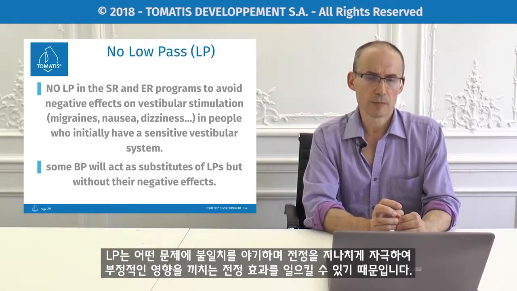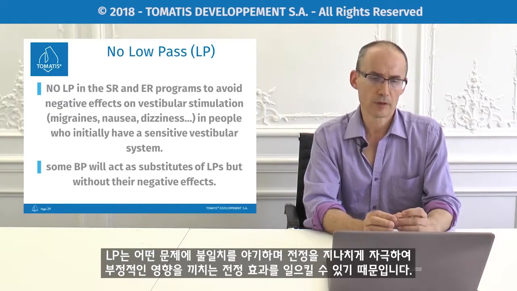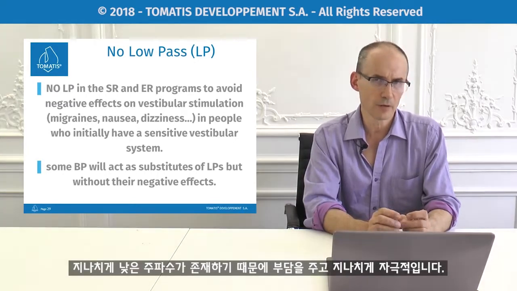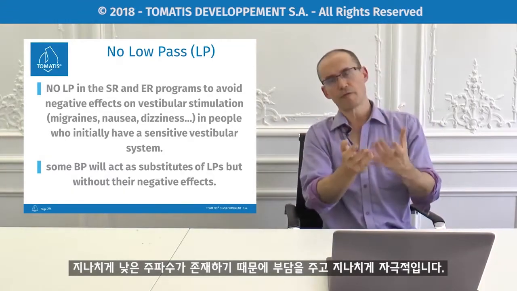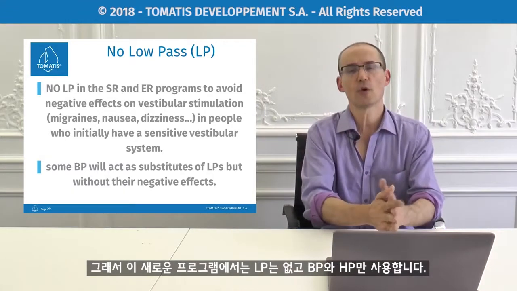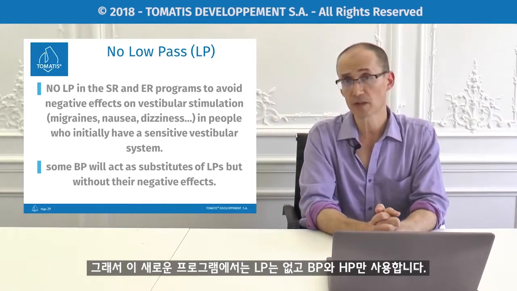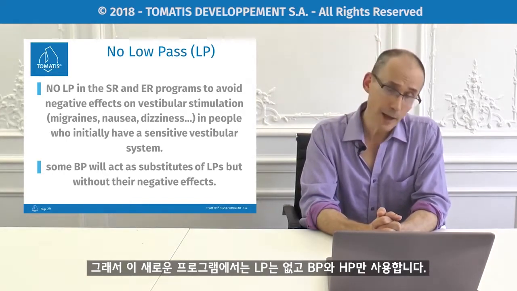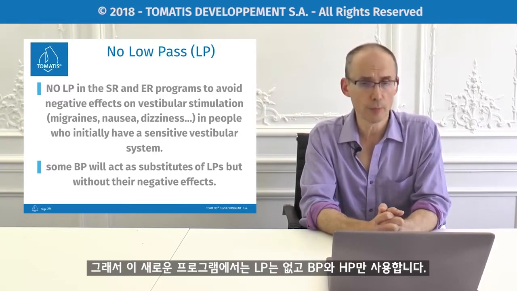You can have negative effects on the vestibular system because it's too demanding, too much stimulation due to the presence of very low frequencies. So in these new programs, no low pass, just band passes and high passes.